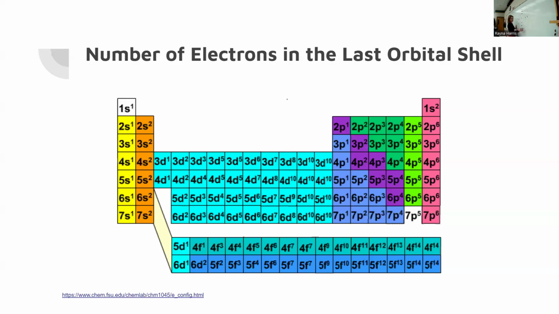So 1, 2, 3, 4, 5, 6, 7, 8, 9, 10. So now there's 2 in the first shell, 8 in the second shell, 18 in the third shell. And now we're going to go out to this outer shell. Gallium is going to have 3 in its fourth orbital. Does that make sense?